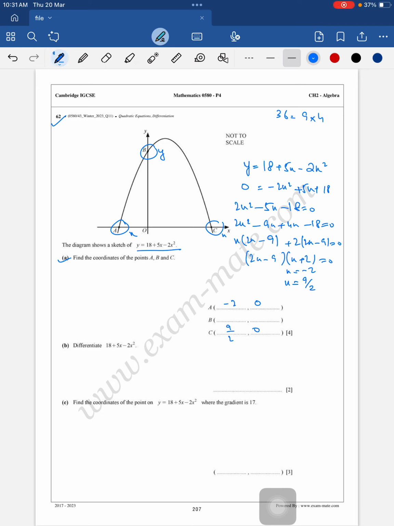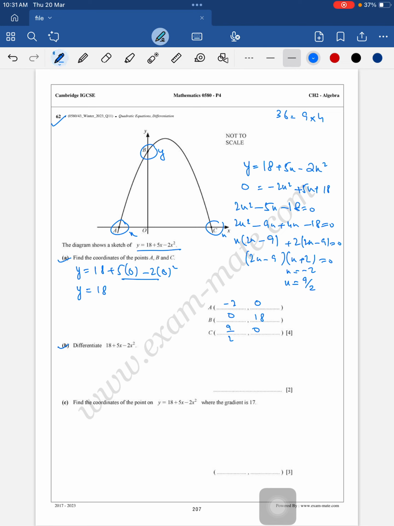Now to find the point B, we have to keep x equal to 0, right? So y is equal to 18 plus 5 times 0, minus 2 times 0. So y is equal to 18 because both terms are 0. So x is 0 and y is 18. Clear? Part B, differentiate.